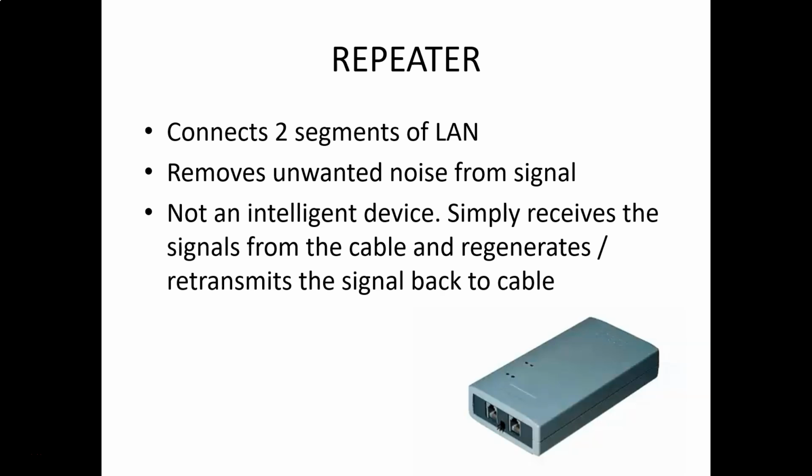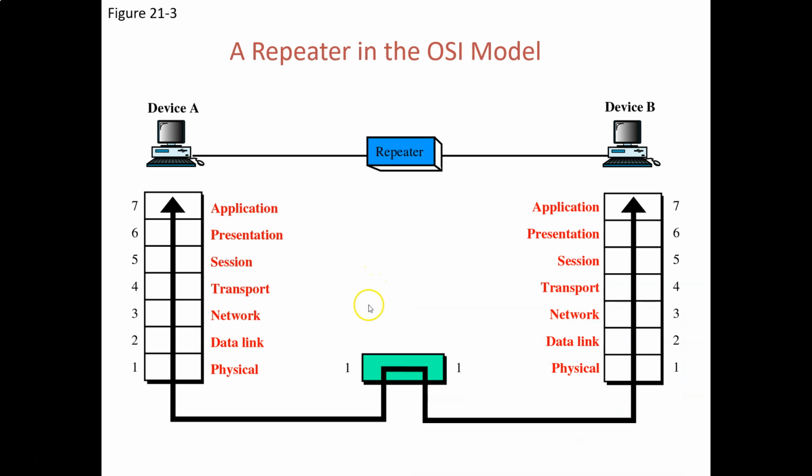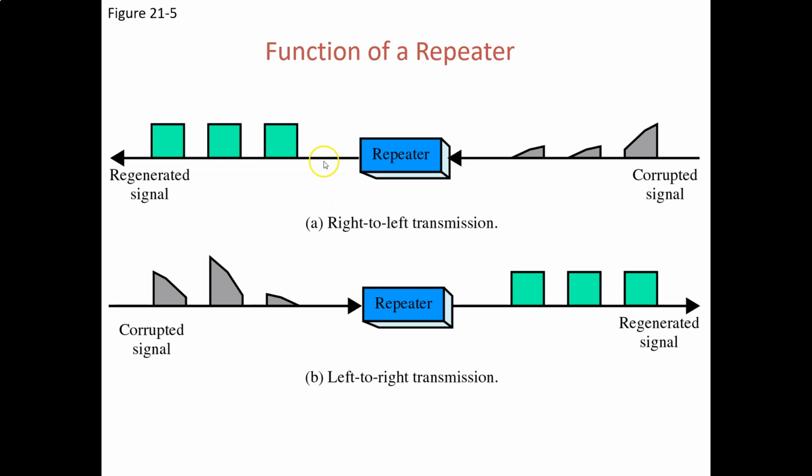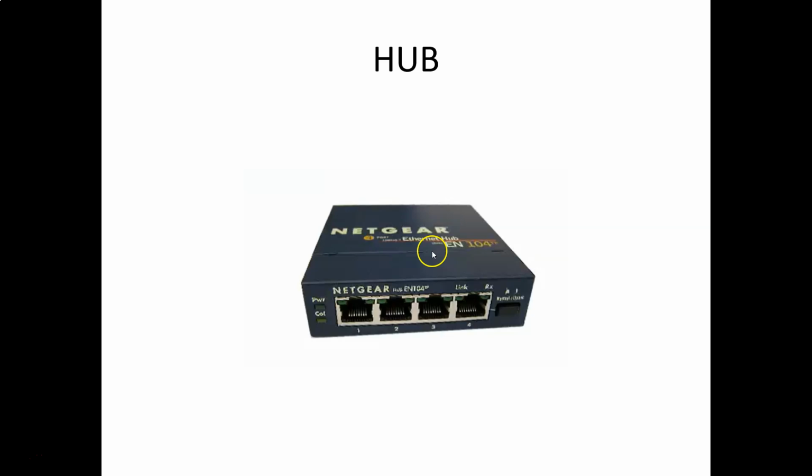That is the property of the physical layer. Here the function is to remove any unwanted noise, and if the signal is weak, it will regenerate it. Here you can see the corrupted signal is received by the repeater and the signal is regenerated. That is the function of a repeater.